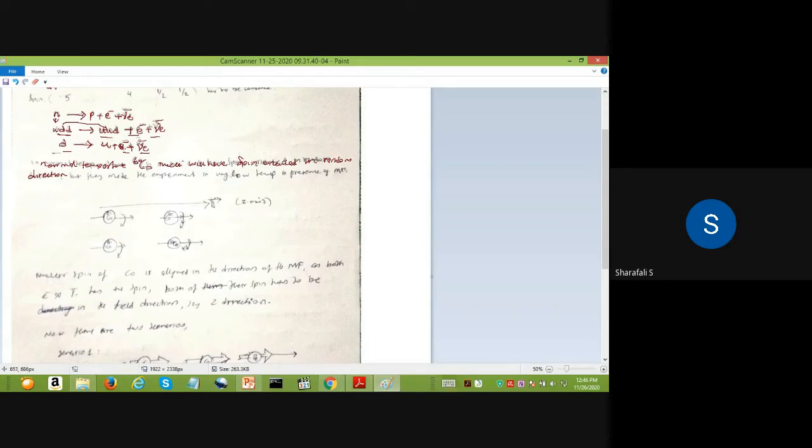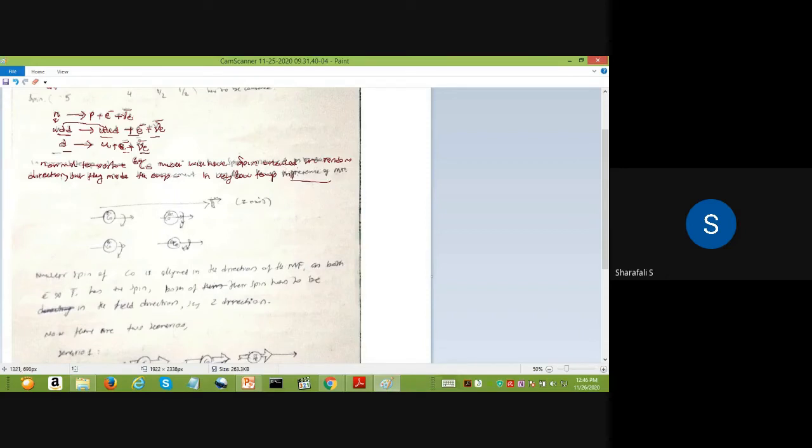But they made the experiment at a very low temperature, in the presence of a magnetic field.